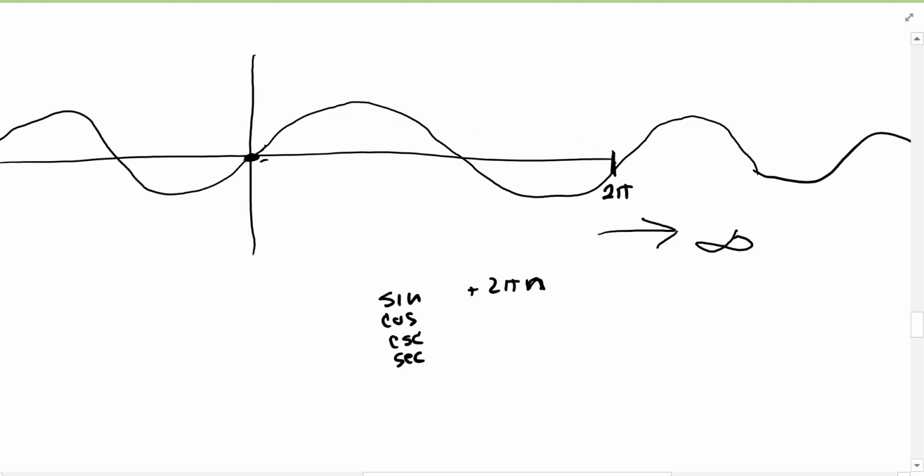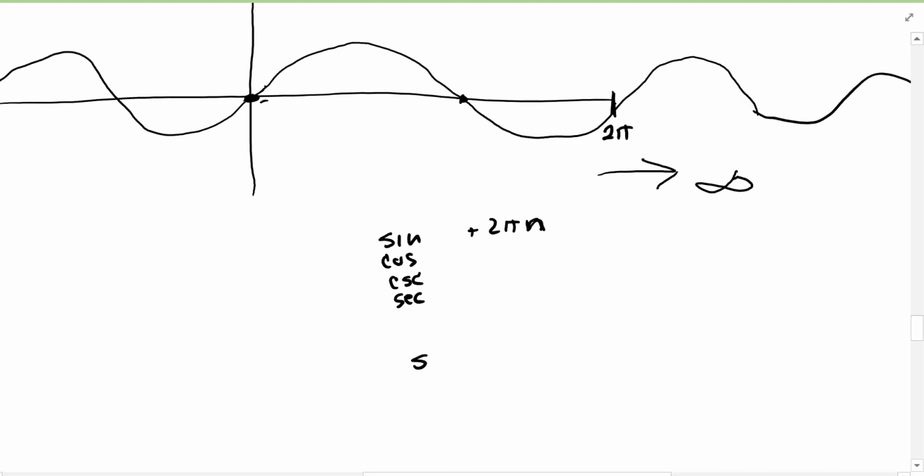So you're going to get your basic solution. Let's say we had to solve an equation, and we ended up getting theta equal to 0 and pi.